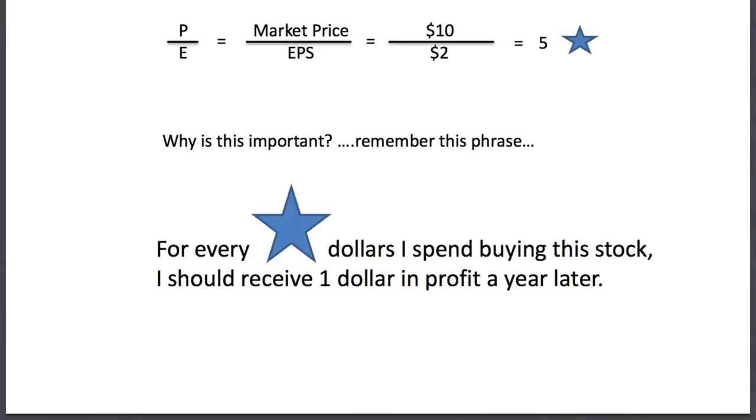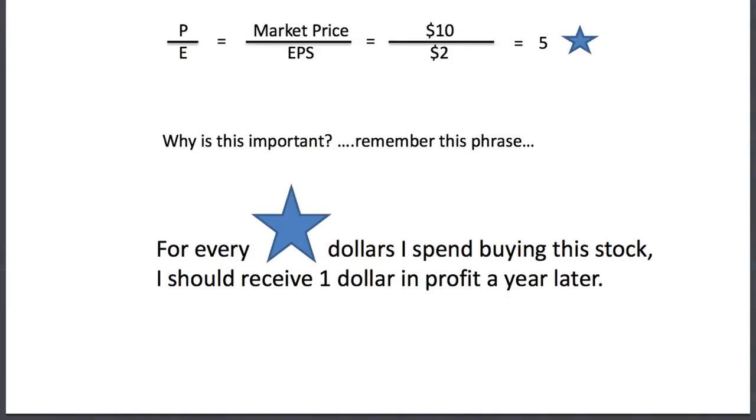So for every $5 I spend buying this stock, I should receive $1 in profit a year later. That's a really powerful sentence to remember. If you're taking notes, I would definitely write that down because that sentence applies for any company. If you're talking about something on the New York Stock Exchange right now, you can apply that sentence to the PE ratio.